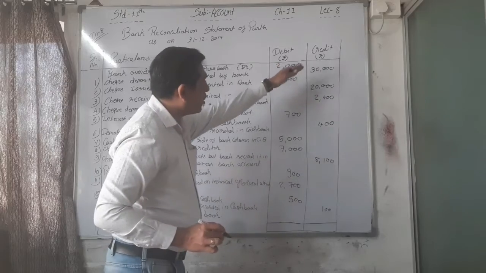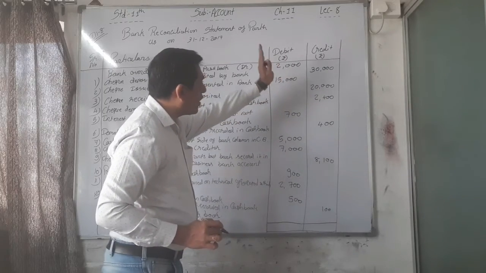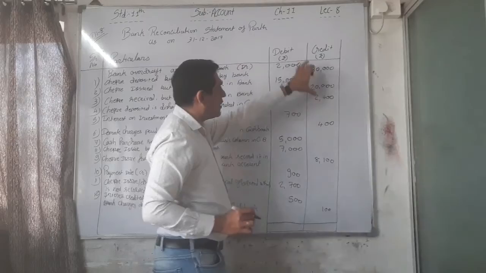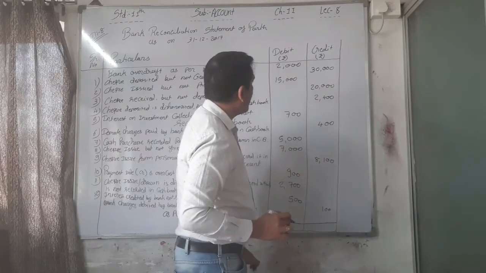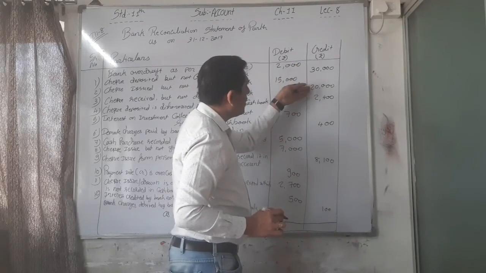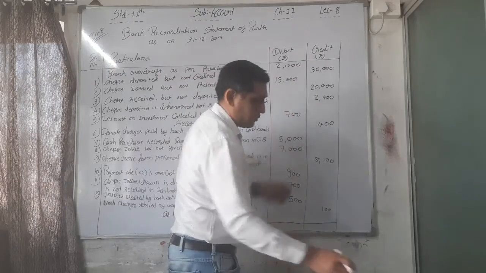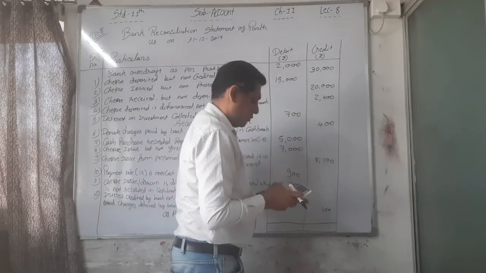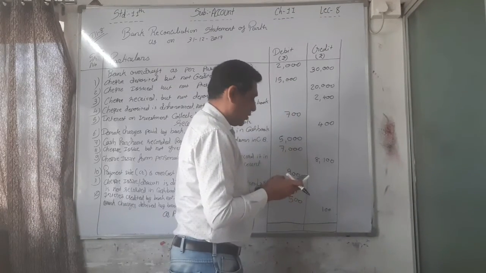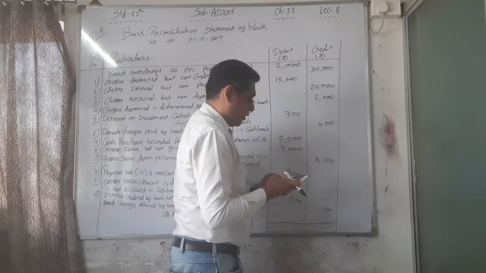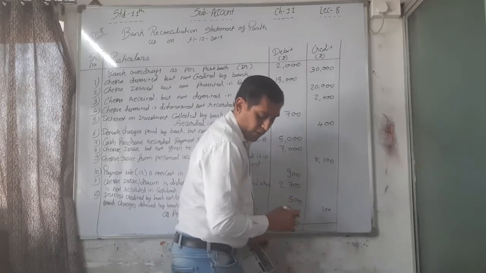Here only 30 and 20, so two big amounts are there. That's why we can say that credit side total is higher. So 30 plus 20, 50. 50,000 plus 2,400 plus 400 plus 8,100 and plus 100. So the total is 61,000.